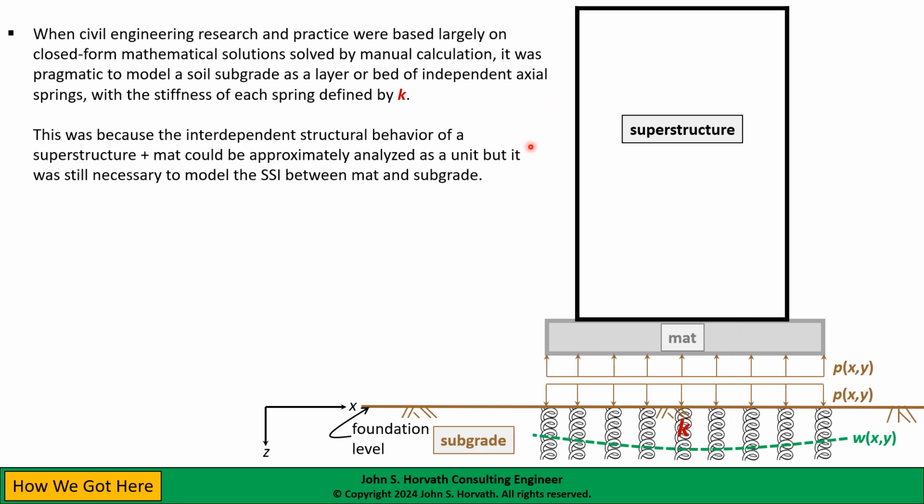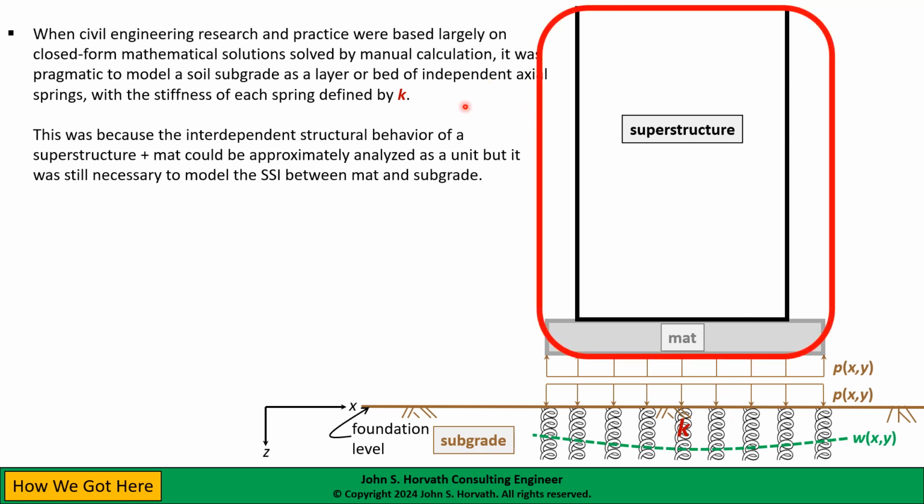So if we go back to the pre-computer era, as recently as the 1960s and early 1970s, for example, if you look at the American Concrete Institute design procedure for mat foundations at the time, there was an empirical relationship that said for every floor of a building, you could increase the flexural stiffness EI of the mat by a certain amount.